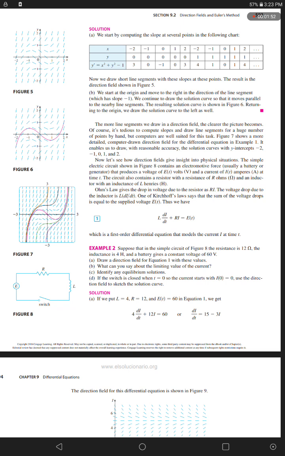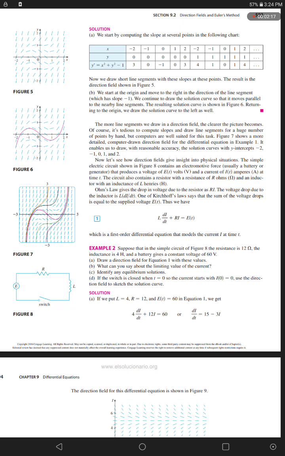Back to the text. Now let's see how direction fields give insight into physical situations. The simple electric circuit shown in figure 8 contains an electromotive force, usually a battery or generator, that produces a voltage of E(t) volts, V, and a current of I(t) amperes, A, at time t.